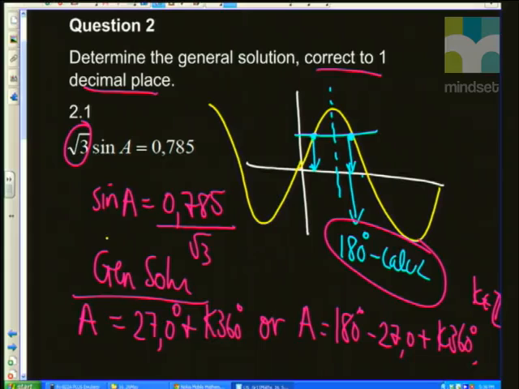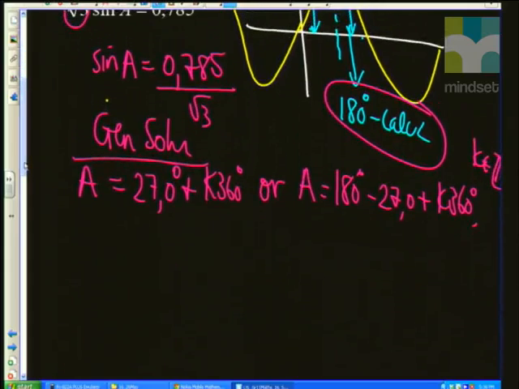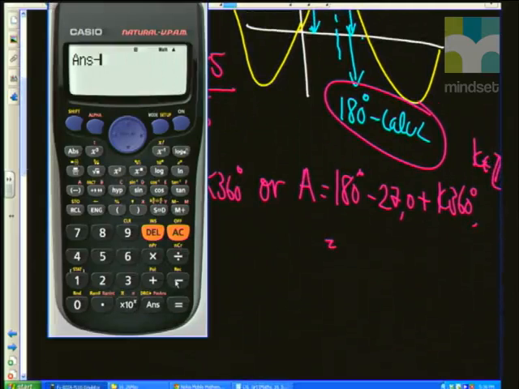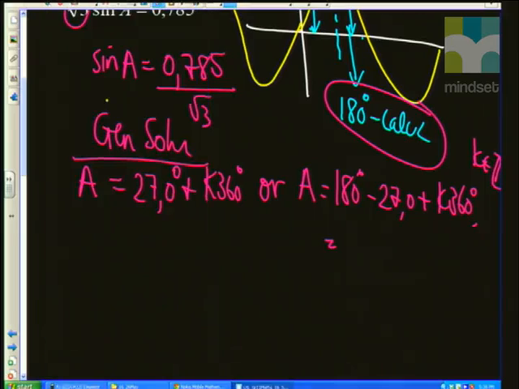And that gives us, on your calculators, you can just go minus 180, knowing that you want the positive value of that. So that's 153,0 degrees.